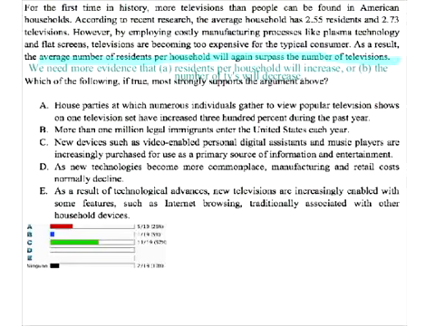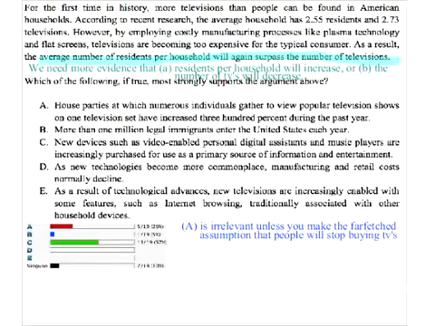The problem with A is that it doesn't give you any reason to suspect that people are buying fewer televisions. A is irrelevant unless you make the rather far-fetched assumption that people will stop buying televisions just because they go to other people's house parties. So that's not really reasonable.